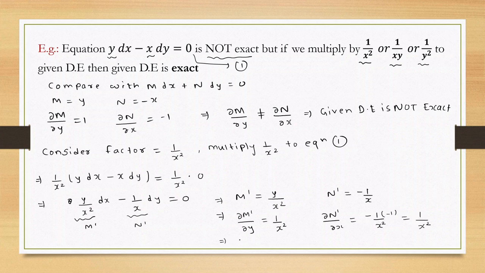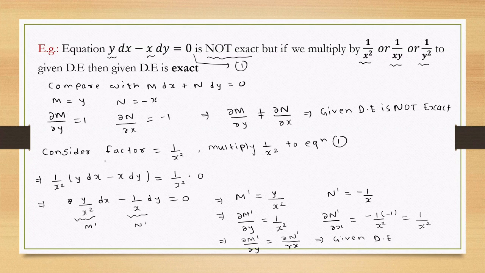So this implies ∂M'/∂y is equal to ∂N'/∂x. So the differential equation (y/x²) dx - (1/x) dy = 0 is exact. Okay, so the given differential equation is exact.